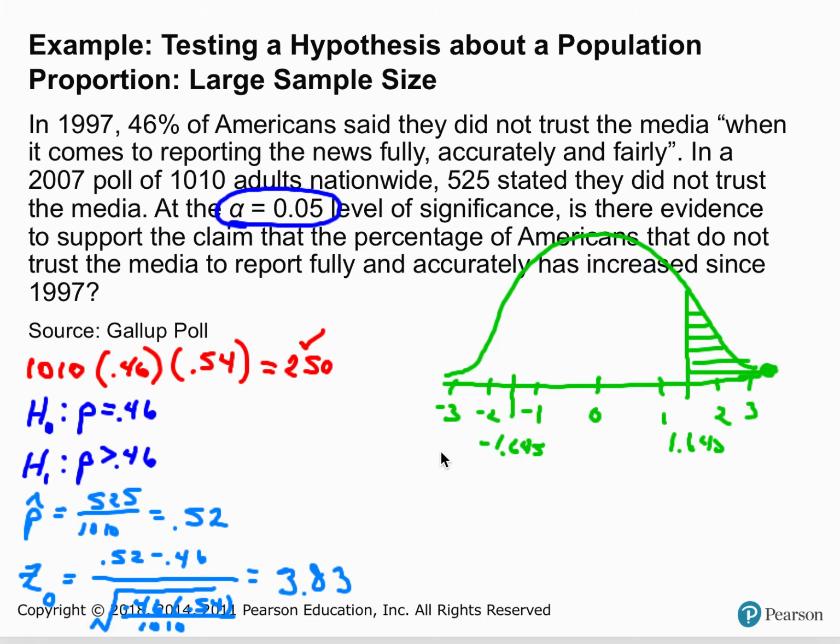Let's do the exact same problem, except let's do the p-value approach. Let's look at the difference between classical and p-value.